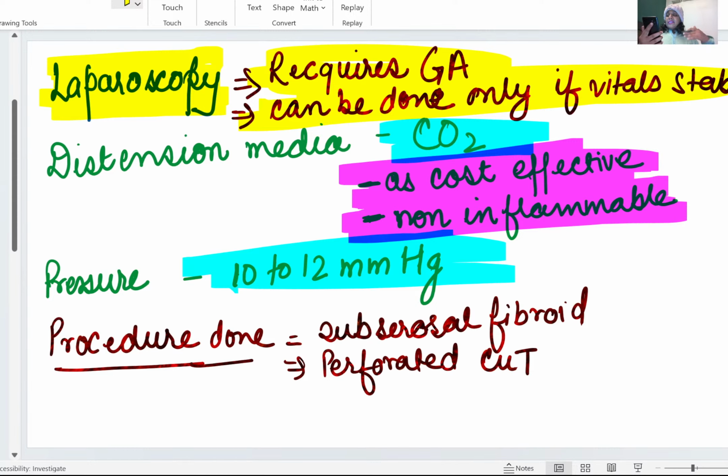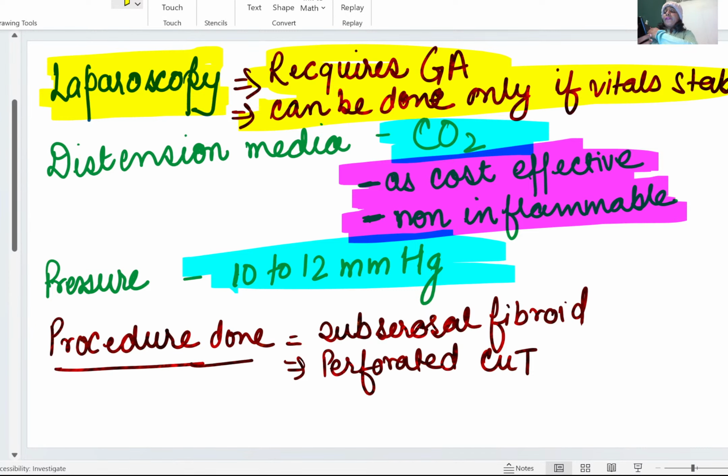If it is a diseased heart, it will require a long ventilator stay of 2-3 days. Okay, so we don't want that, right? So only if the patient condition is stable will we give laparoscopy.